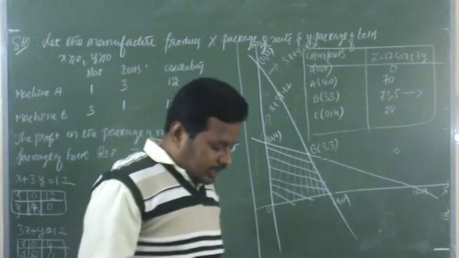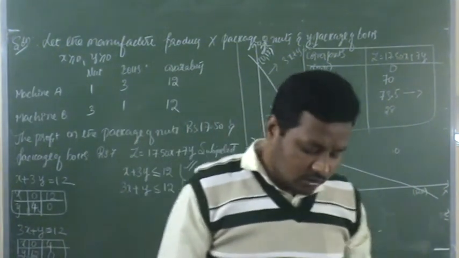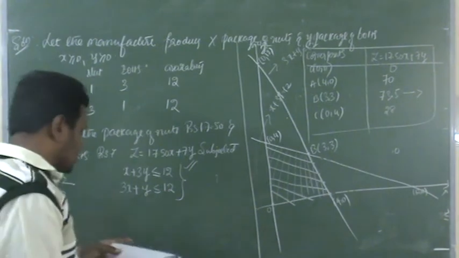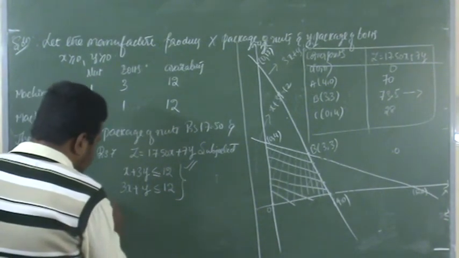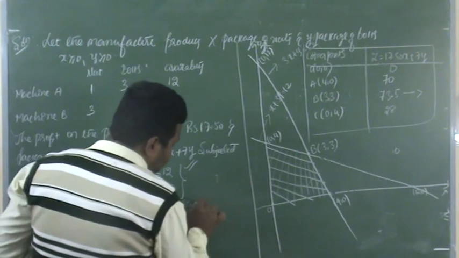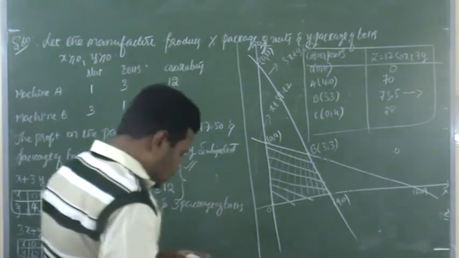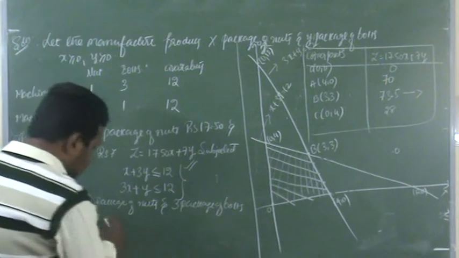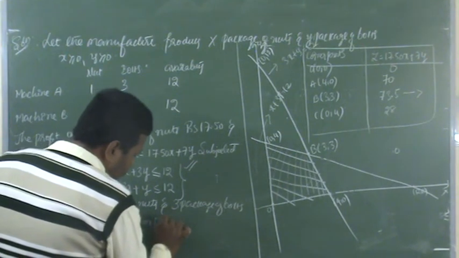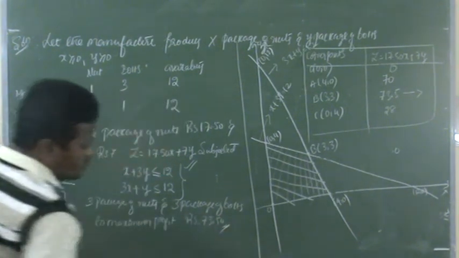So the final conclusion: 3 packages of nuts and 3 packages of bolts should be produced each day to get the maximum profit, and the profit is rupees 73.50.